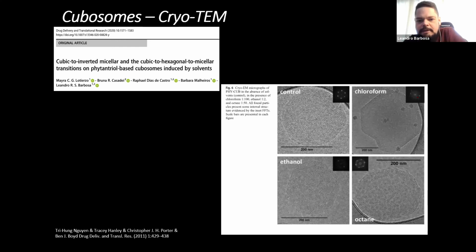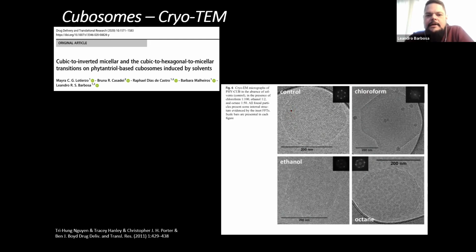I didn't show you, but these are the cryo-EM images of the cubosomes, so that you may see that they are more or less 200 nanometers, sometimes smaller, sometimes bigger. In the case of chloroform, you may see that you have very sharp positions. And every white dot that you are seeing here is one of these water channels that I was just mentioning to you.